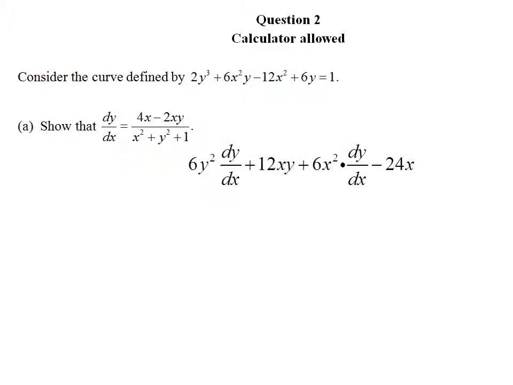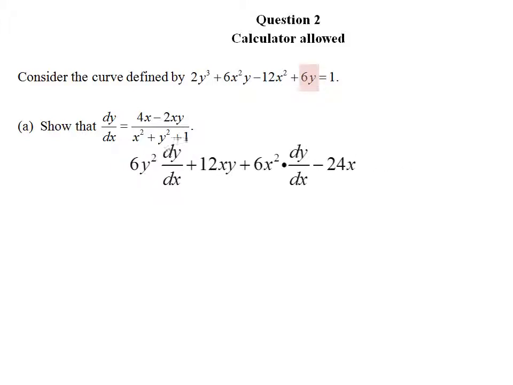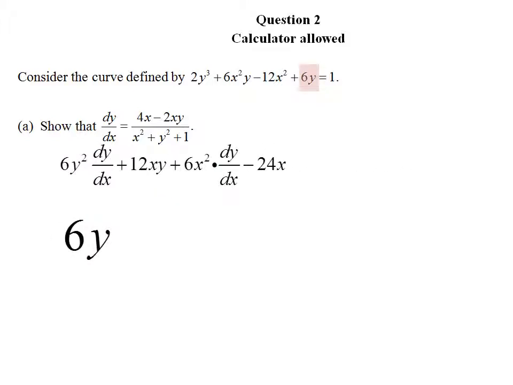Moving on to the last term on the left-hand side, we see that we've got 6y. So the derivative of 6y is just 6 if we're differentiating with respect to y, but we're not. So we need to multiply that 6 by the derivative of y with respect to x.